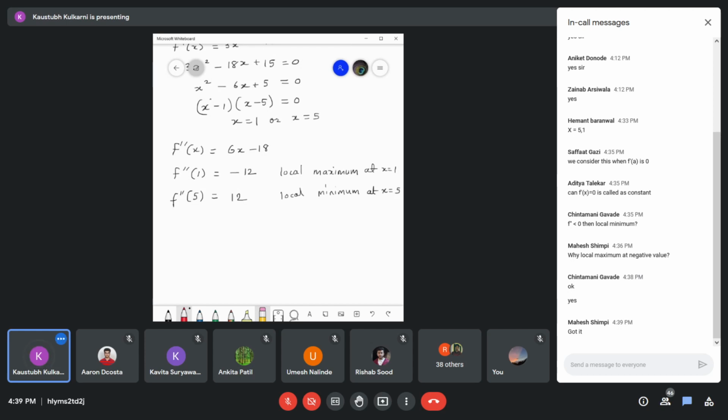So if f dash of a is equal to 0, then the function looks something like this. Either it is a plateau as we discussed before, or it is something like this. You can see this in the second graph.